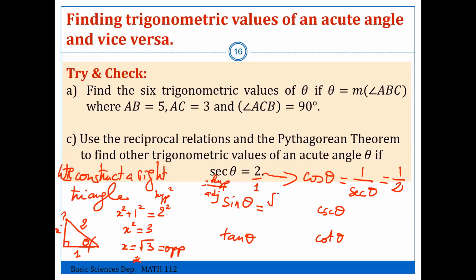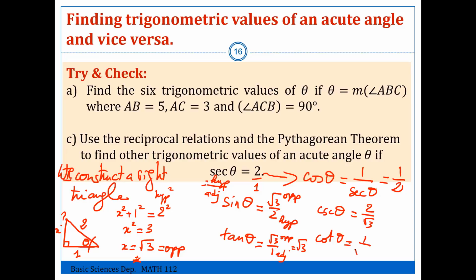And this is the opposite. So what is the sine? Square root of 3 over 2, opposite over hypotenuse. The tan is square root of 3 over 1, opposite over adjacent, meaning square root of 3. The cosec is 2 over square root of 3.